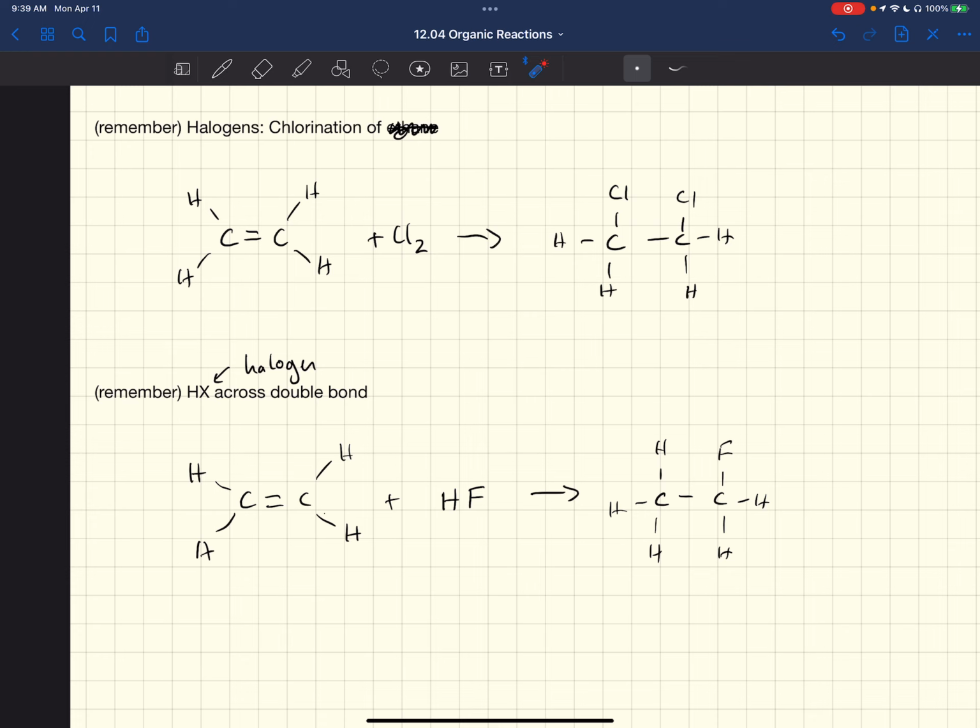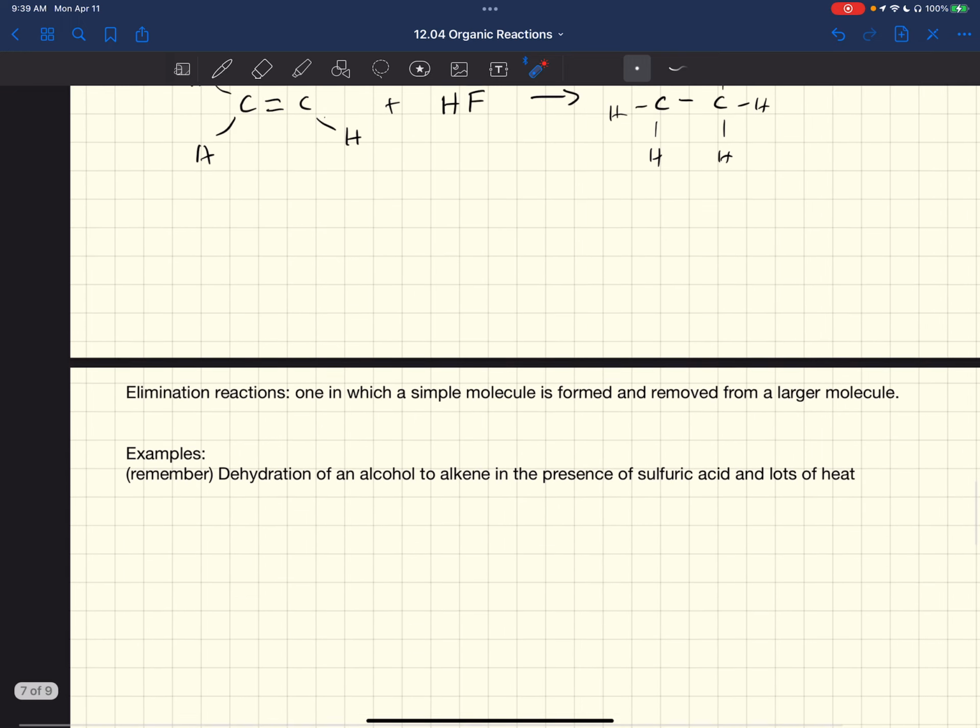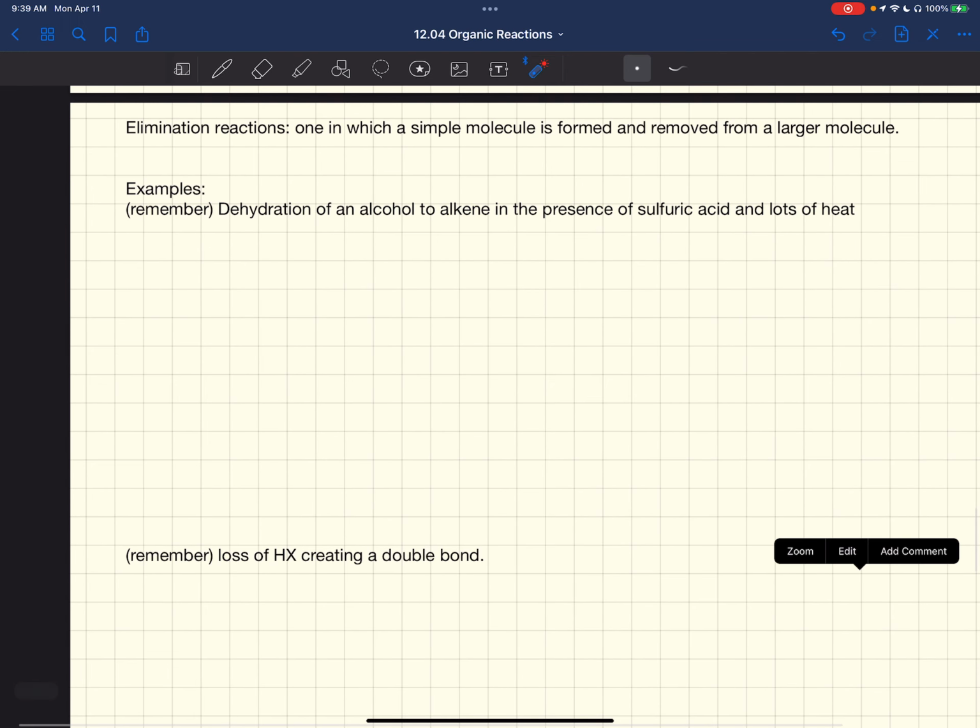Okay, so sort of the opposite of addition reactions are elimination reactions. And elimination reactions are ones in which a simple molecule is formed and removed from a larger molecule. So we did hydration. We can do dehydration to make a double bond.